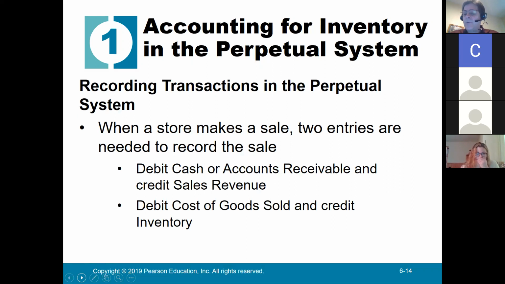If you sell for cash or a credit card, you're going to debit cash, and you're going to credit sales or sales revenue. That's one entry. And that's just half of the story. The other half is a debit to cost of goods sold and a credit to the inventory. So make yourself a note that you need to have both, and you're not done until you do.